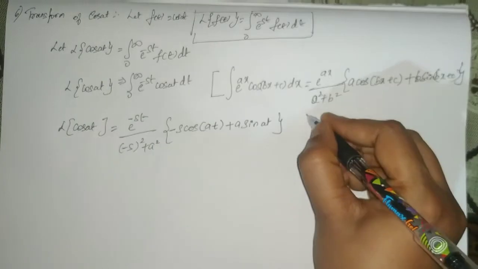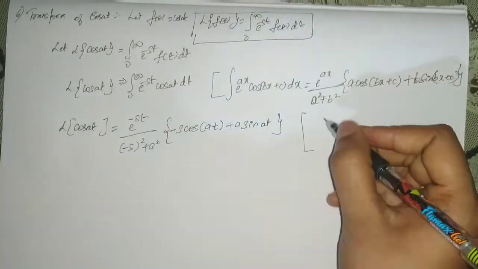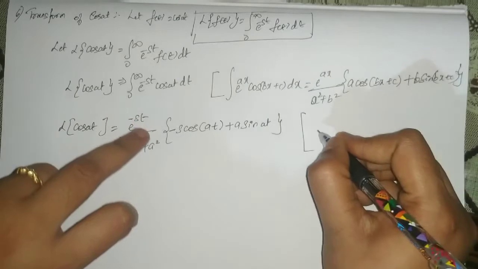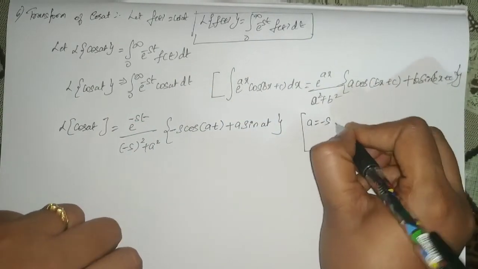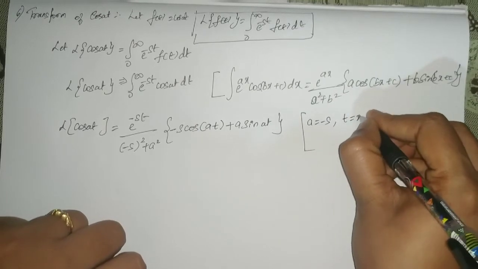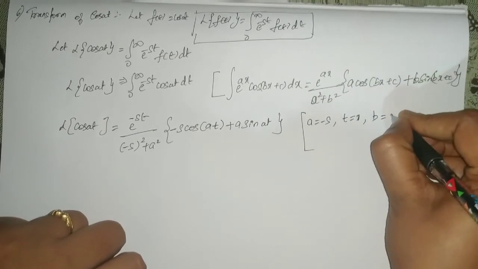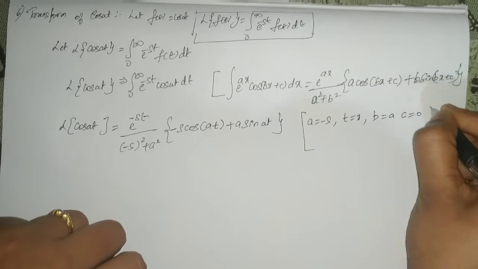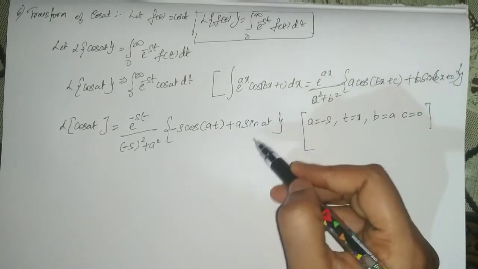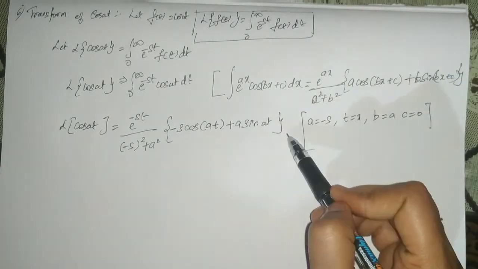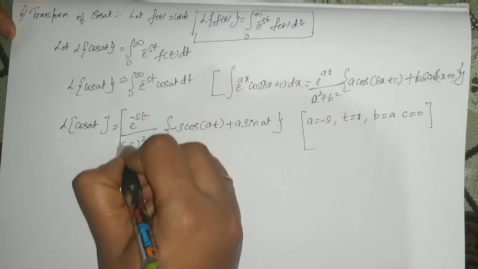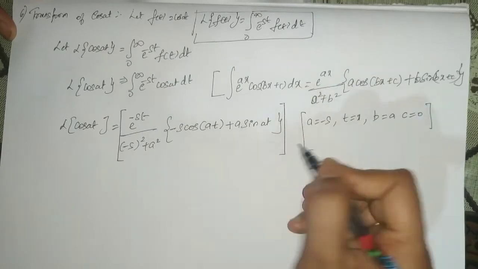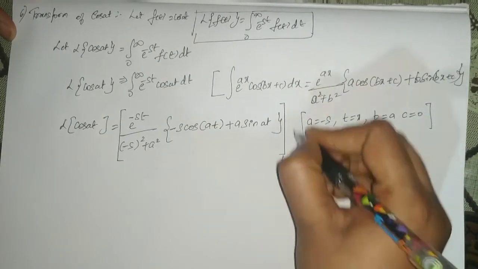When you compare it, in the exponential, instead of a it is minus s, instead of t it is x, instead of b it is a, and instead of c it is 0. On careful examination you can clearly write this step. As I told you, this is only for the integral without limits. Now we'll take from 0 to infinity.